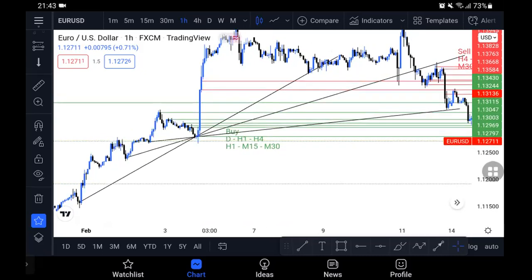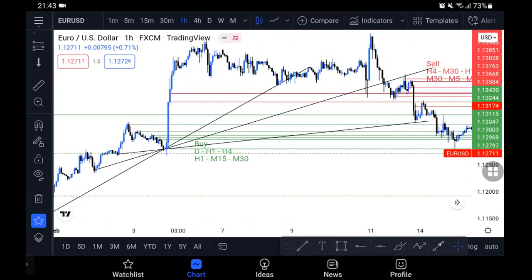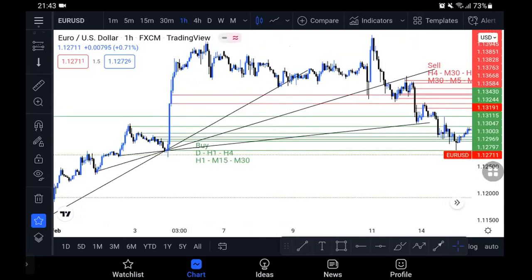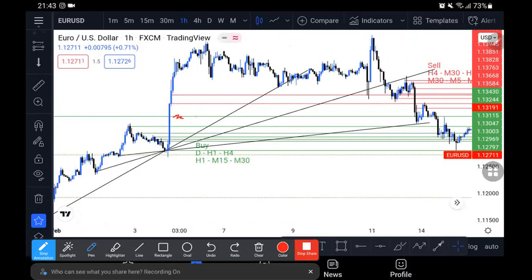I have one question with the trend line. Does this area have to be the second touch on the trend line?